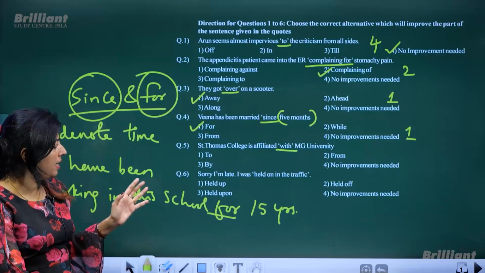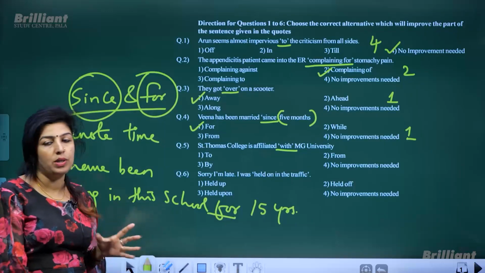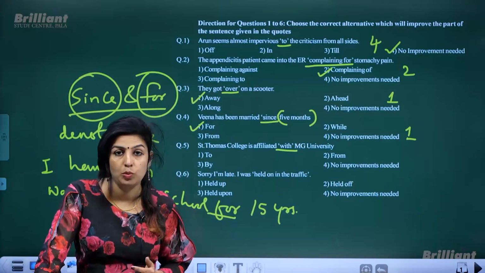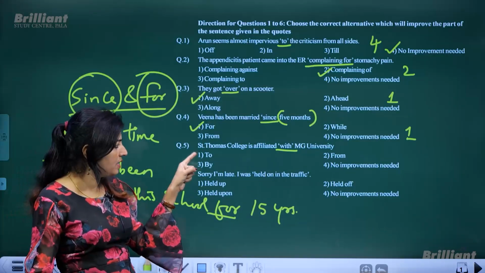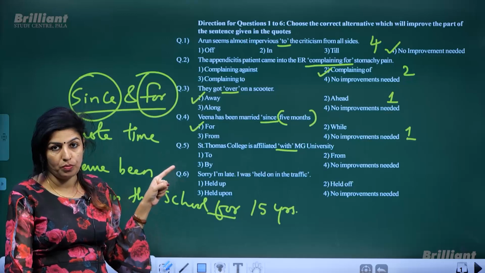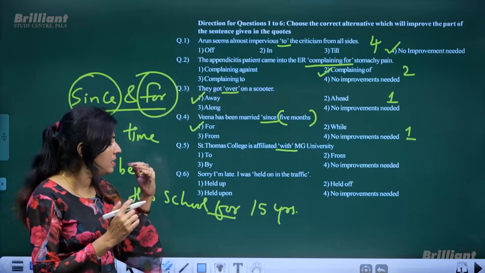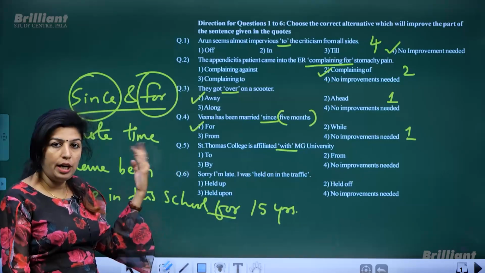If I say that St. Thomas College is affiliated with MG University, what is the meaning of this word affiliate? That means connected with, association with. One of the options given to you is to. So in case you want to substitute this with to, it could be taken.